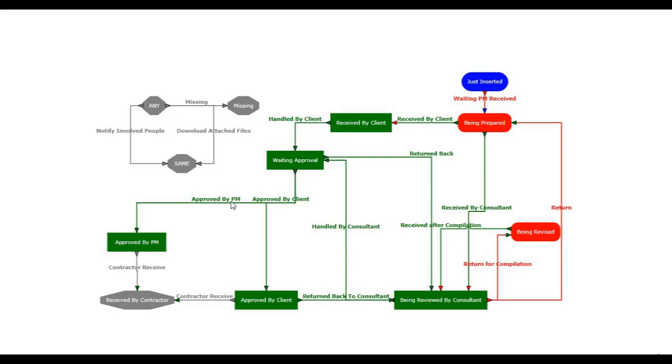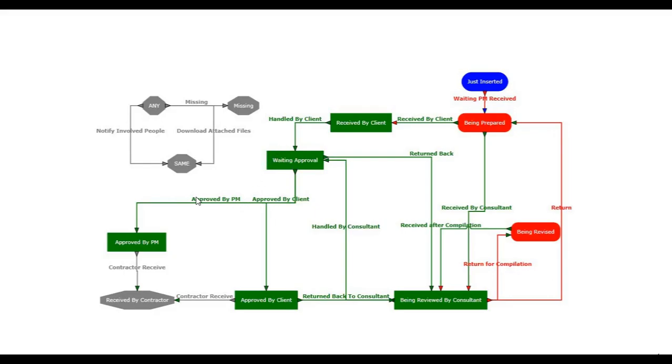I'm taking an action. That action, somebody can take and someone cannot. Not only that, if I can see a document that is in status waiting approval, a submittal in status waiting approval, it doesn't mean that I can approve by the PM. Only the persons who are allowed to follow this path will see that option.